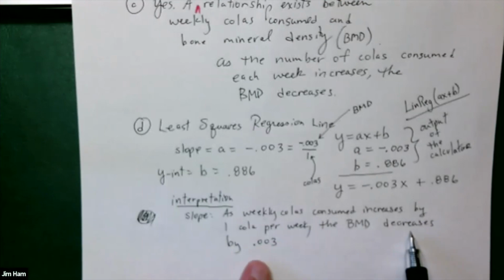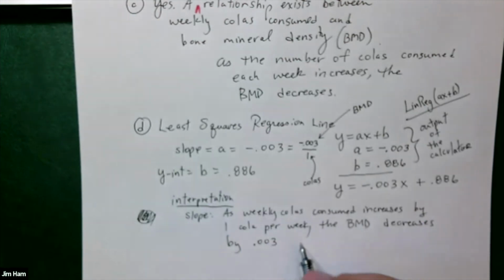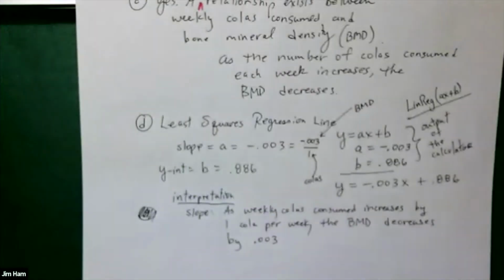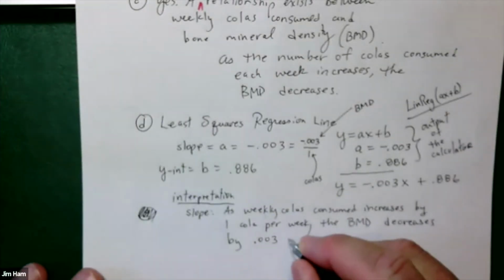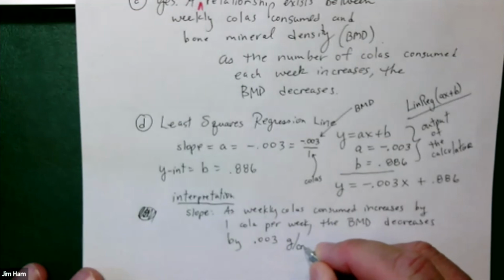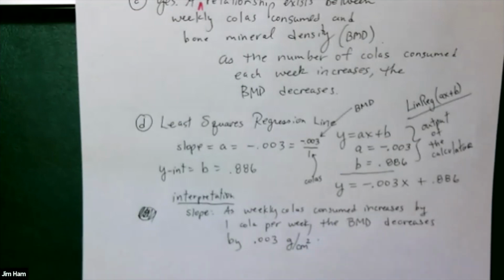So you get the negative from the word decreases, and then you've got the number 0.003. And then you have to provide the correct unit. And for this one, the correct unit is grams per square centimeter. And there's the interpretation of the slope.